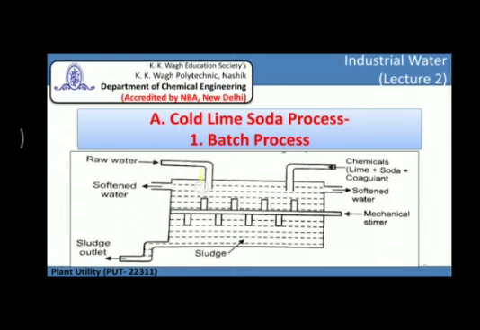Raw water is fed to this tank from this inlet pipe, and the chemicals, lime and soda, are fed to this tank through this inlet pipe. This mechanical stirrer is vigorously rotating, so the raw water and the lime and soda are mixed continuously, and after mixing they react with each other.